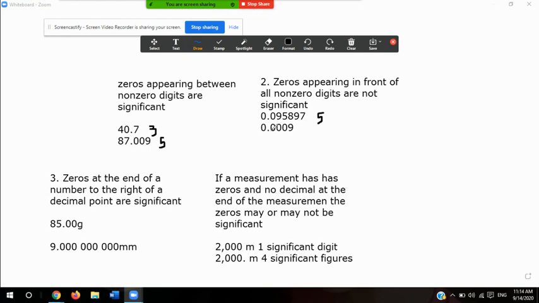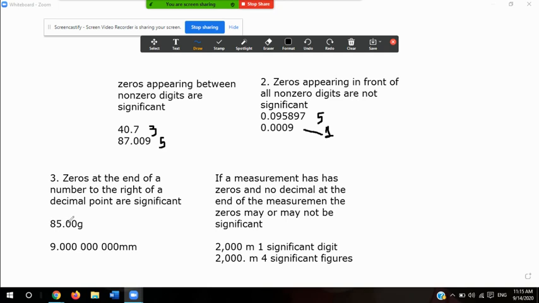If we look at the other measurement, it says 0.0009. All the zeros to the left of the 9 are not significant, so we conclude that there is one significant figure in this measurement. Now, rule number 3 says zeros at the end of a number to the right of a decimal point are significant.